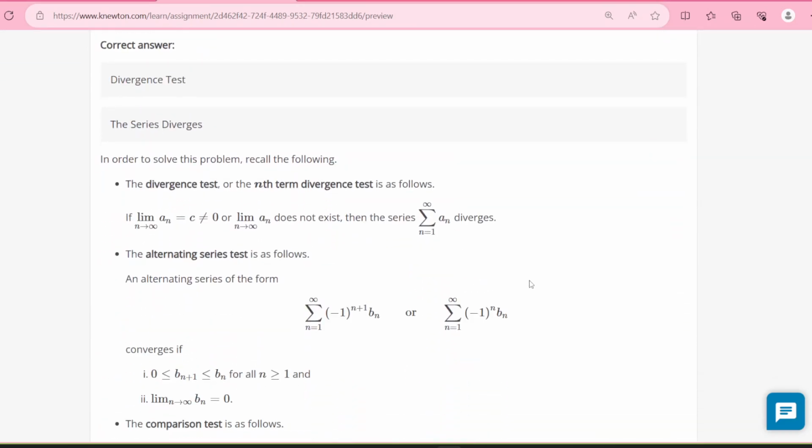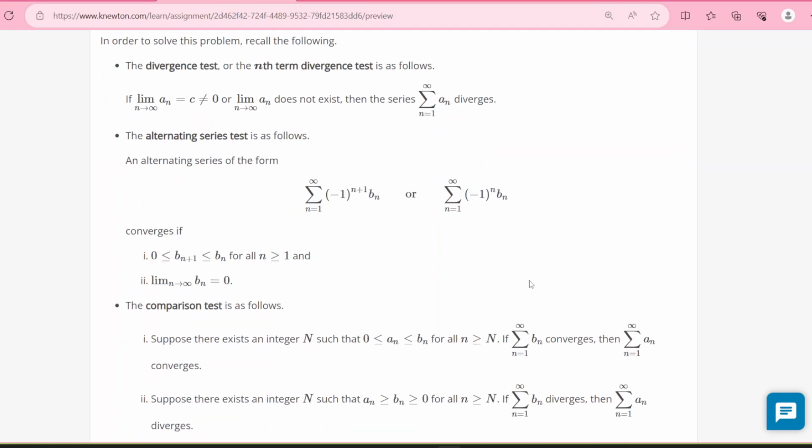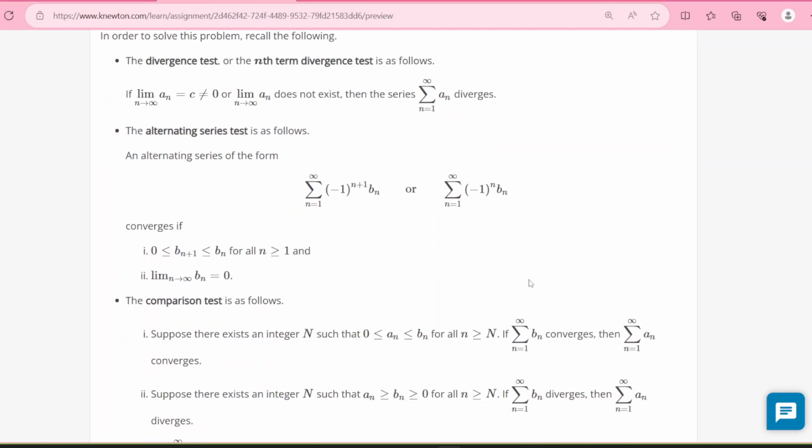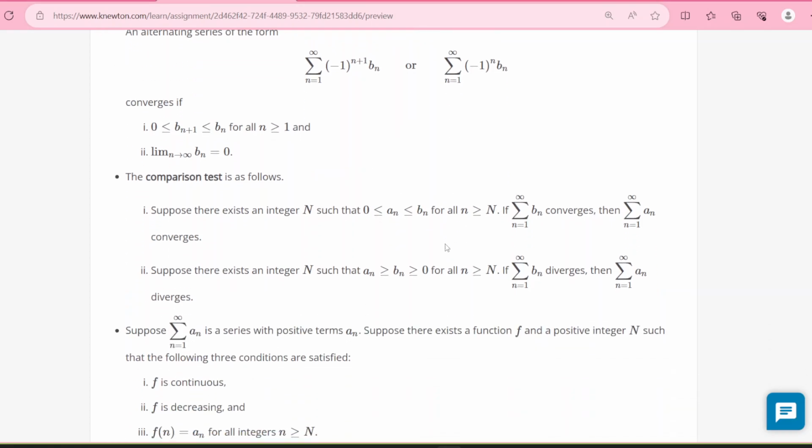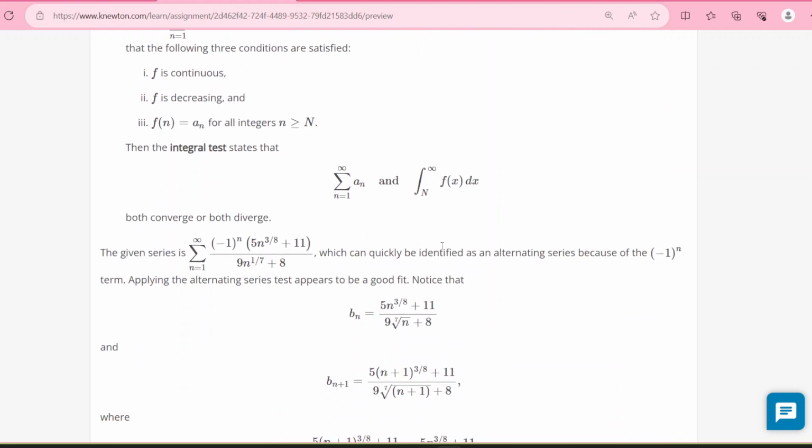They remind you of what the divergence test is, and the alternating series test. Really, the alternating series test only tells you when an alternating series converges. It's very specific. Then there's the comparison test and the integral test.